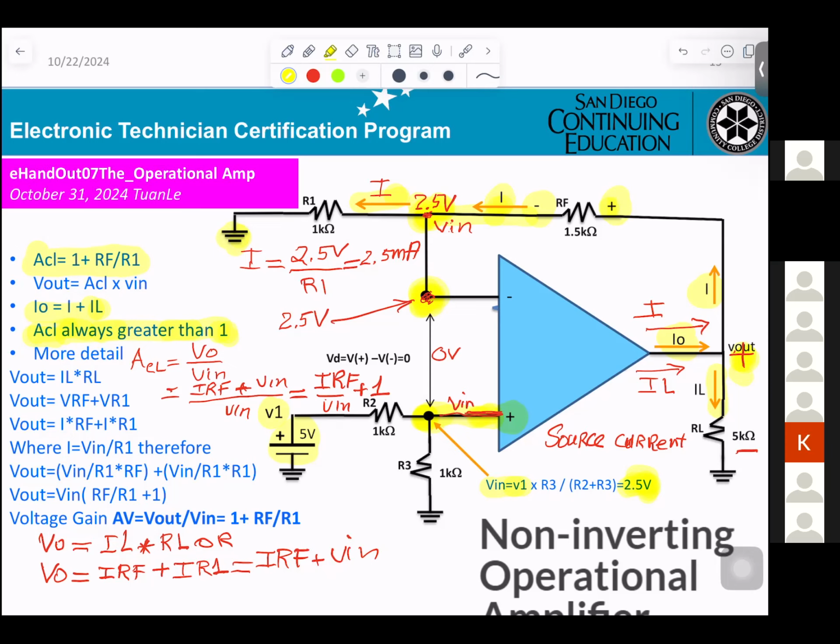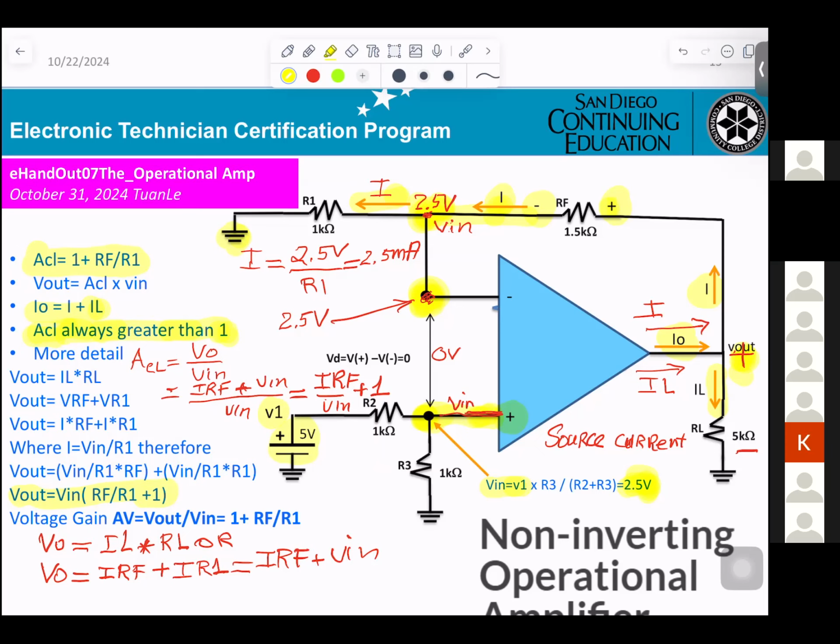I will be equal to V in divided by R1, and they just tell you right here: V out divided by V in equals 1 plus RF over R1.